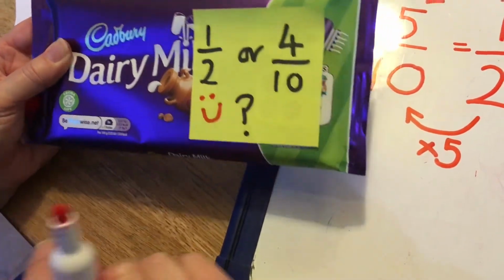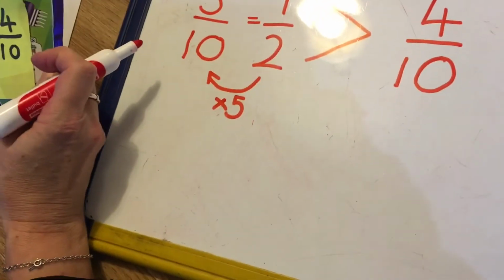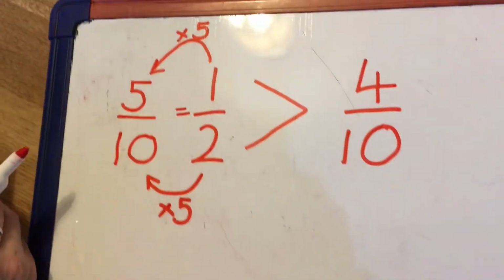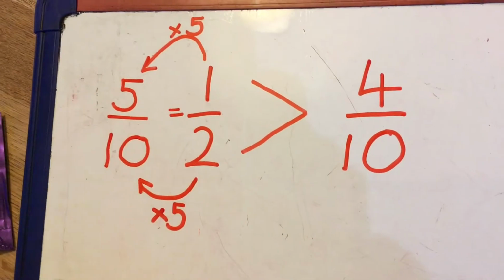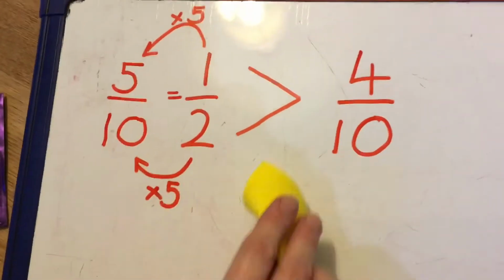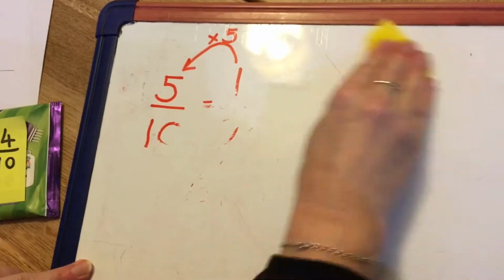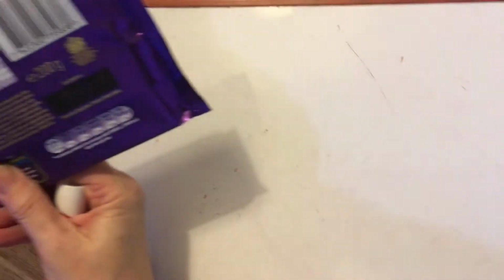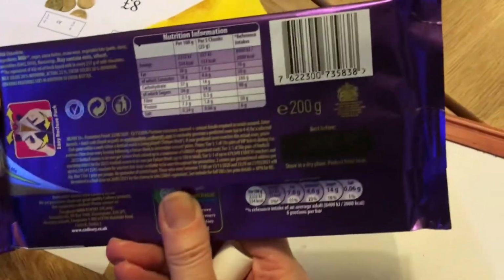Okay, another way you could do this is by working out fractions of amounts. You don't really need to with some of the questions that I have given you, but you could, if I just run through that very quickly, this is what we would have been doing most recently, okay, the fractions of amounts. So if I look at this chocolate bar, it's 200 grams.